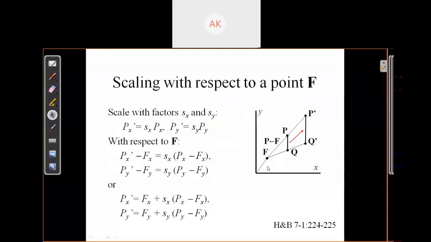As you can see here, your scaling fixed point is this point. F is the scaling point, and this point corresponds to your scaling of the object. So your equation will change like this.